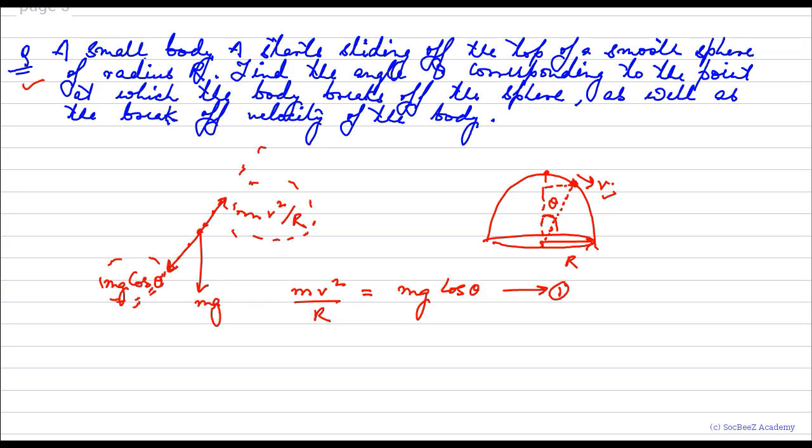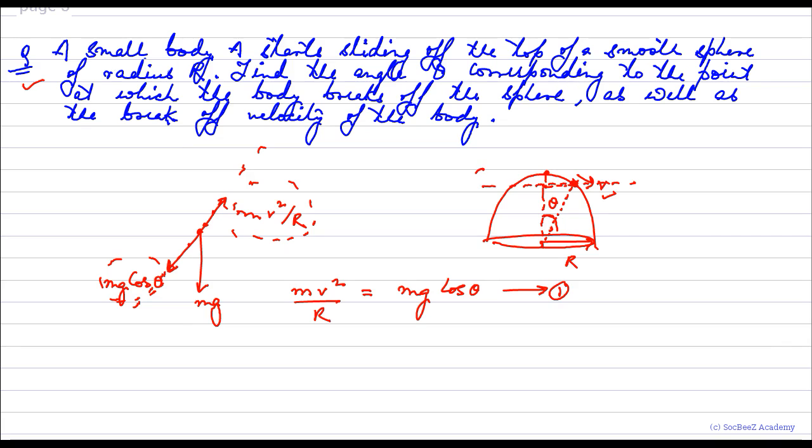Fine. Now this sphere is smooth, which implies that there is no dissipation of the total mechanical energy as the body falls down. Fine. So finally the body has some kinetic energy. If I say that this is my reference level, finally the body does not have any potential energy. Initially the body did have some potential energy.